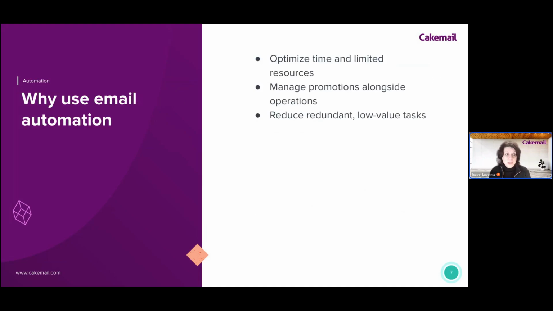Why use email automation? Because time and resources are limited, and we know that you need all this time, so it does help. It can help you also to work on promotions and let the automation work on the operations. It reduces redundant and low value tasks.